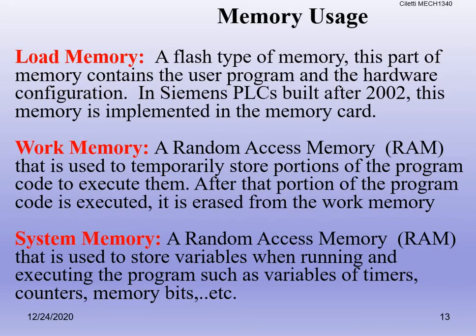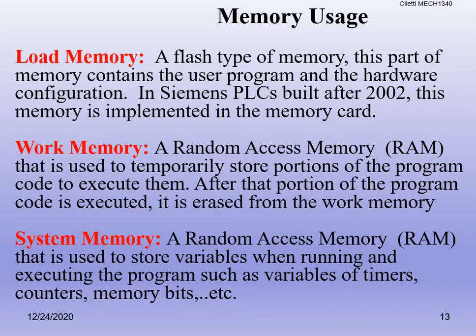This is what Siemens has been using since 2002. Our Fanucs, some of them have cards in them as well, different types of things like that. Working memory, like I talked about, that's the RAM, the random access memory. Remember that one's volatile. So that's our working memory, like video cards and things like that.